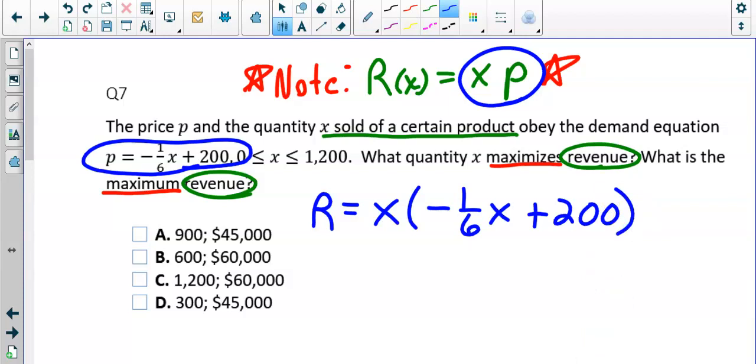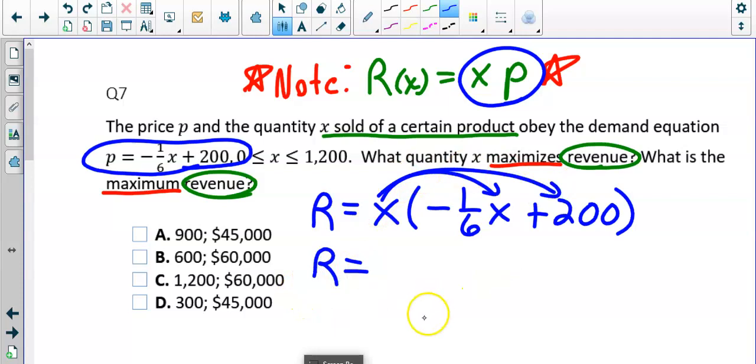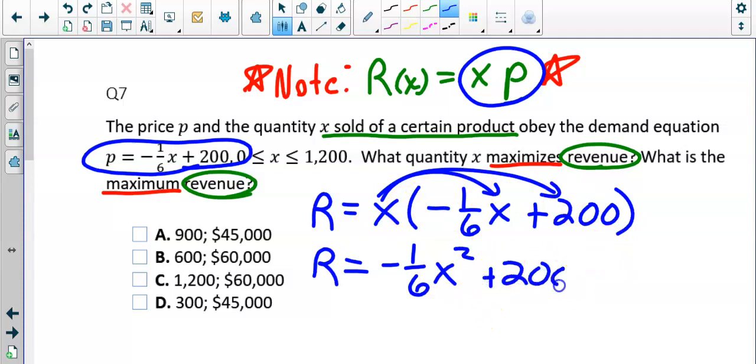And what are we going to do with that x in front? You're going to distribute. What is x times negative 1/6 x? Negative 1/6 x squared. Oh, look, quadratic now. What is x times 200? This is the equation you need to use to find the maximum and the minimum.